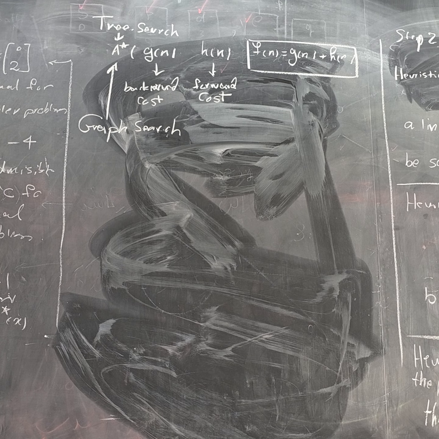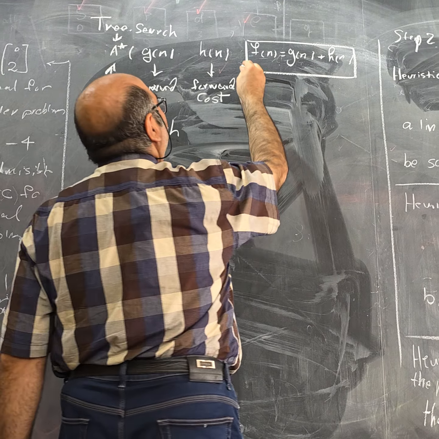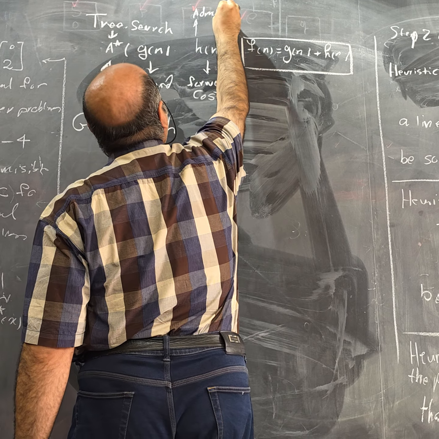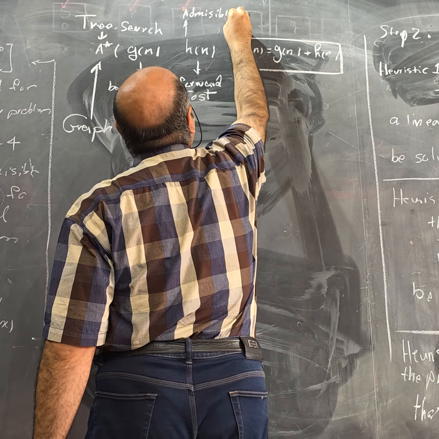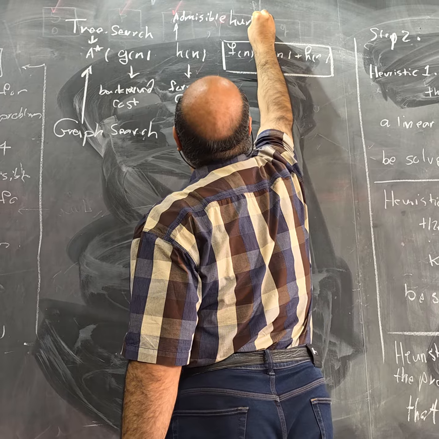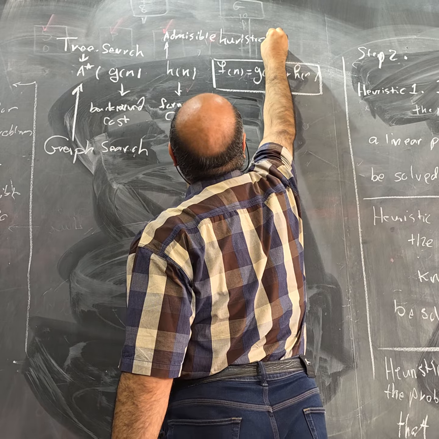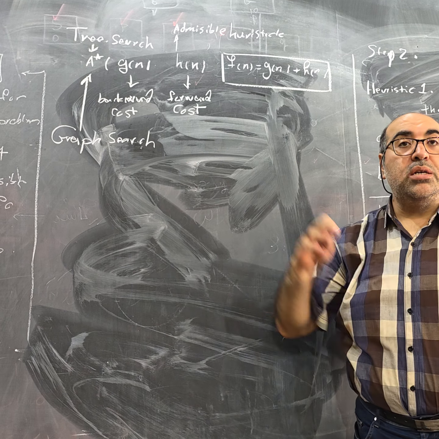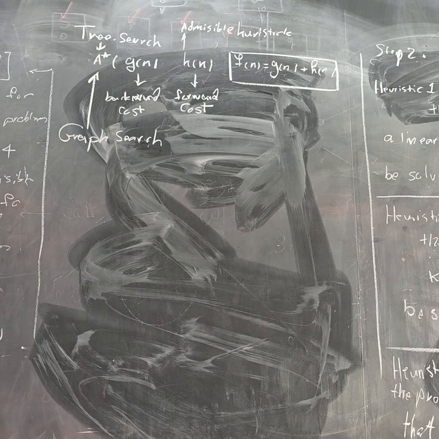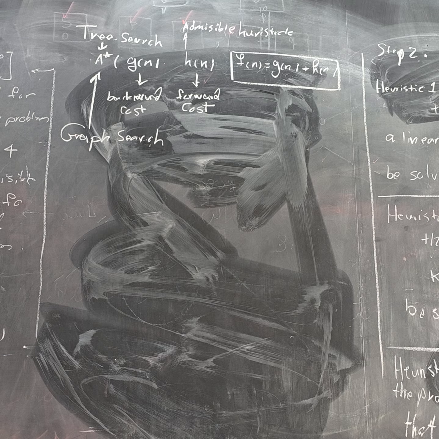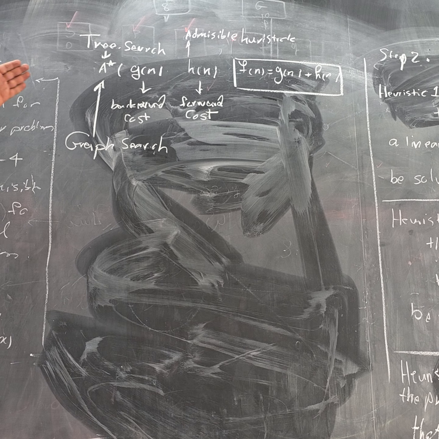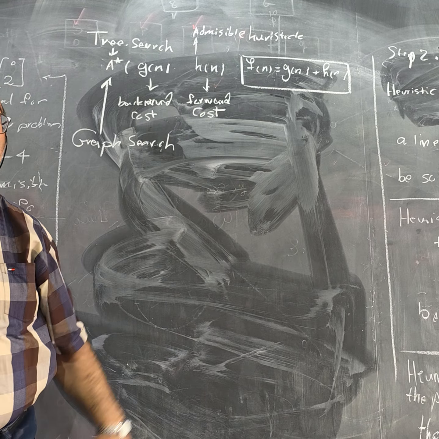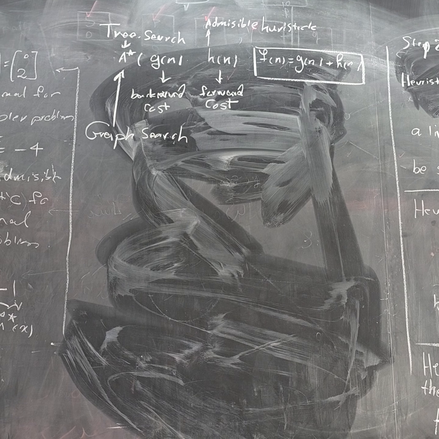But we say that here an admissible heuristic is not enough for graph search. We need a more modern heuristic for graph search. The algorithm is similar, but the admissible heuristic is not sufficient.